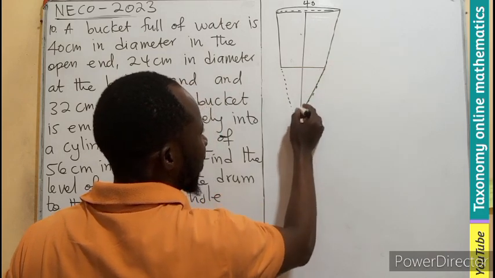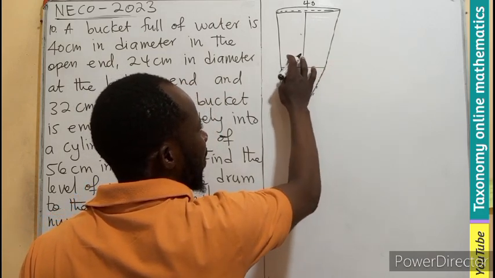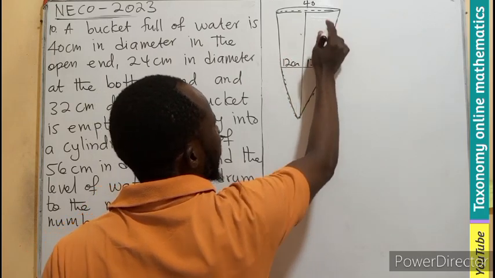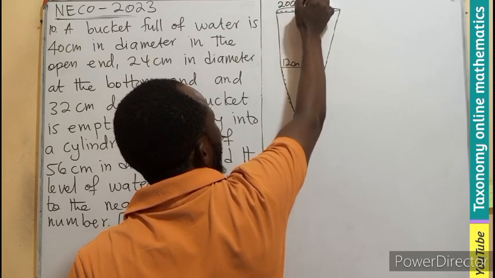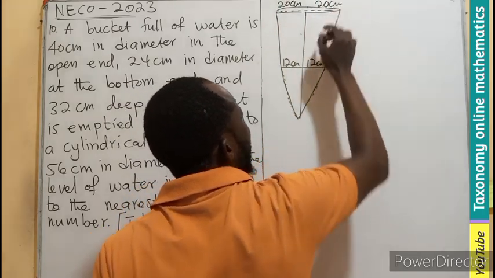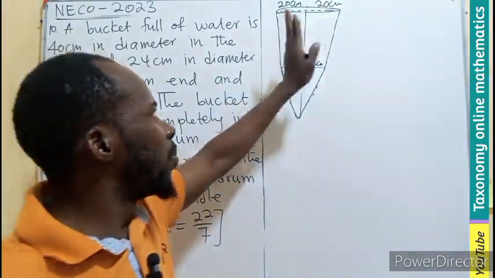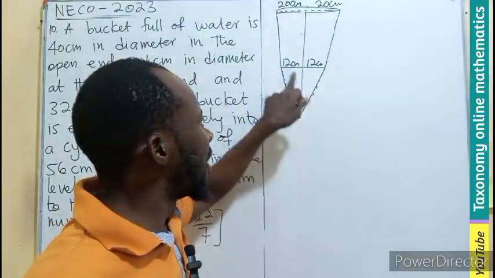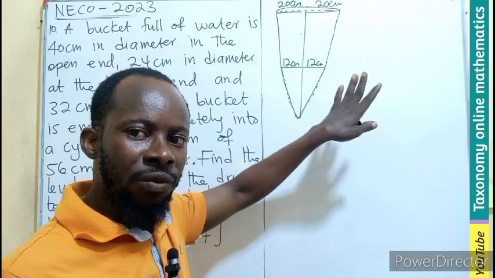Dividing this into 2, the 40 becomes 20 centimeters as radius, not diameter. 20 plus 20, 40 diameter at the open end of the bucket. Then the bottom, 12 plus 12, 24.